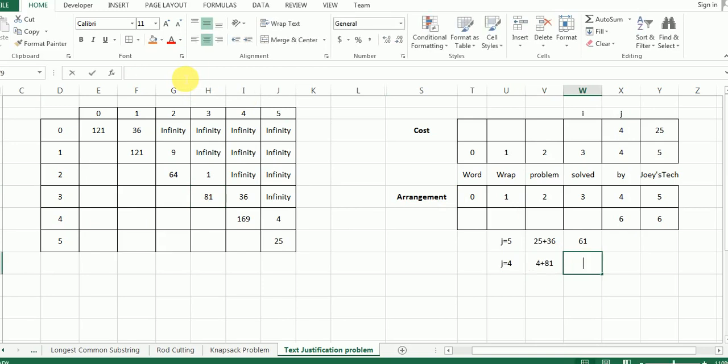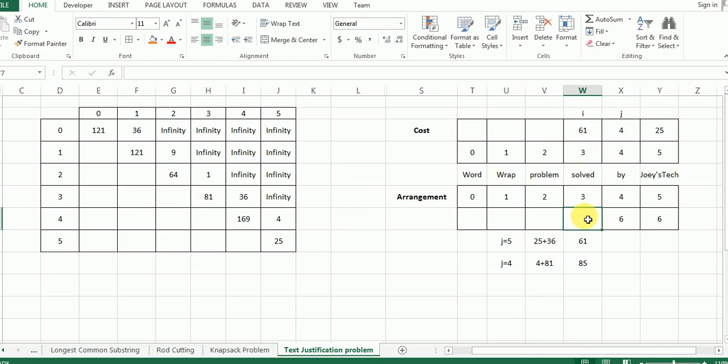85 is greater than 61. So we will have to accept the splitting at 5, and the value that we are going to put here will be 61. Here we are going to put the value as 5.